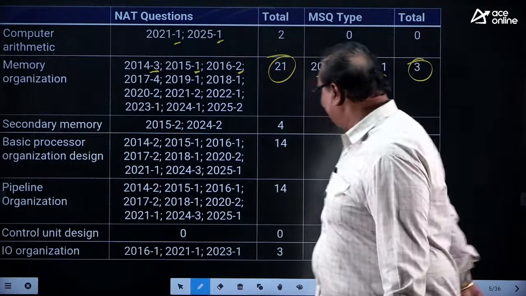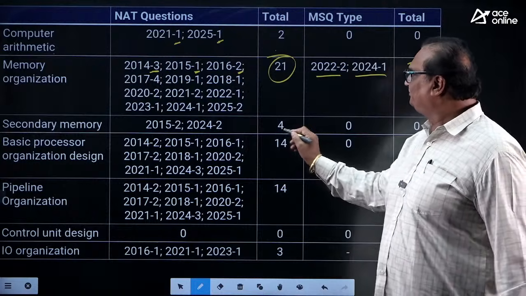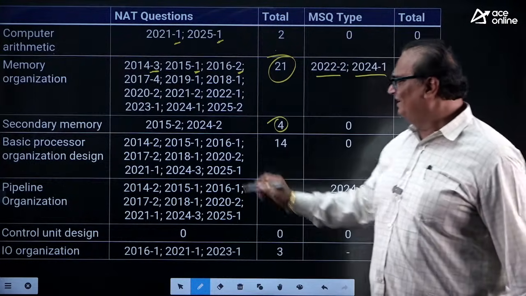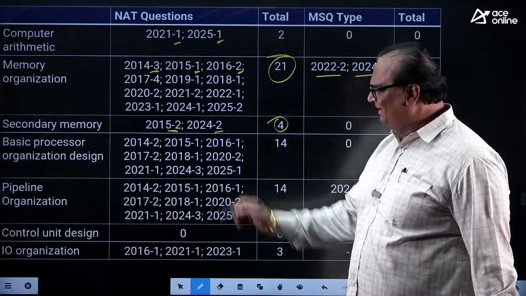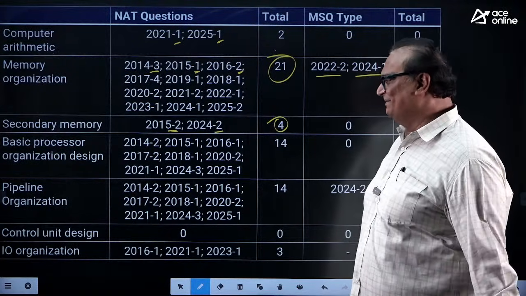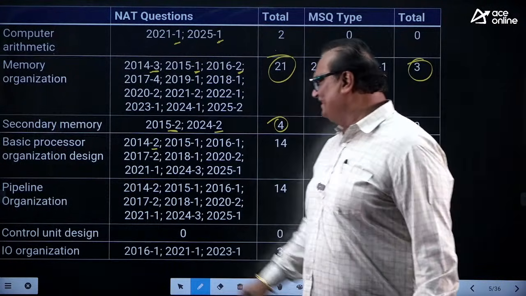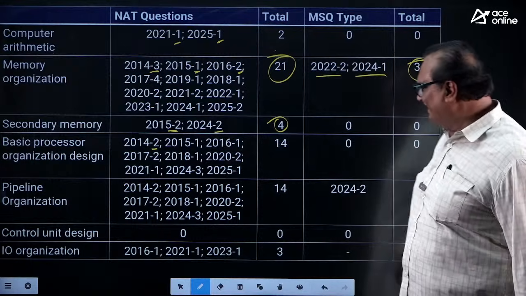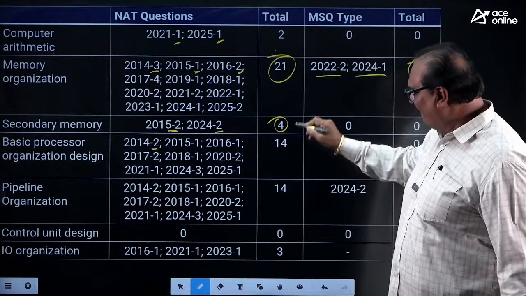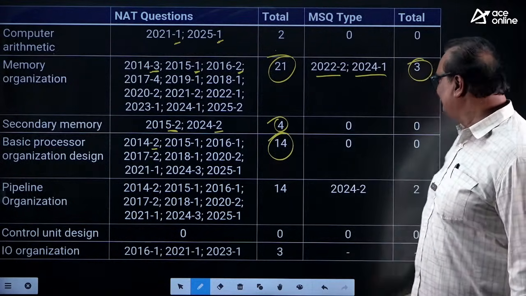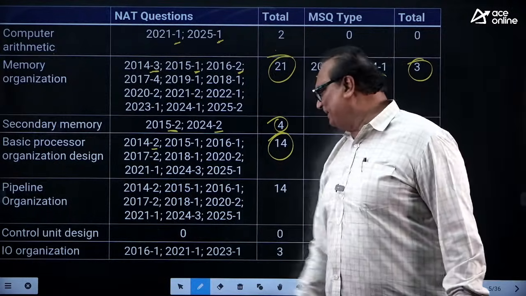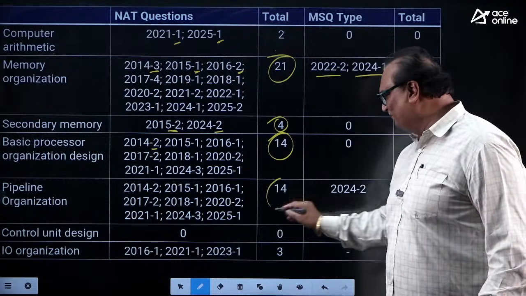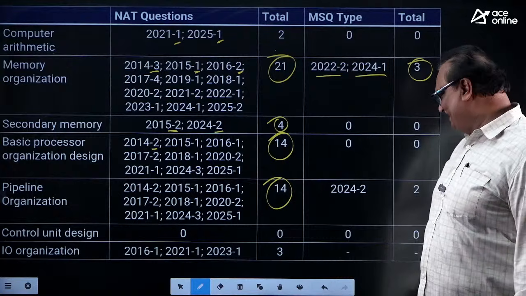Next, secondary memories. Total 4 questions: 2015, 2 questions; 2024, 2 questions. Basic processor organization design: 2014, 2 questions. Like that, in total we had 14 questions, but there is no MSQ. Pipeline organization: in total, we had 14 questions.